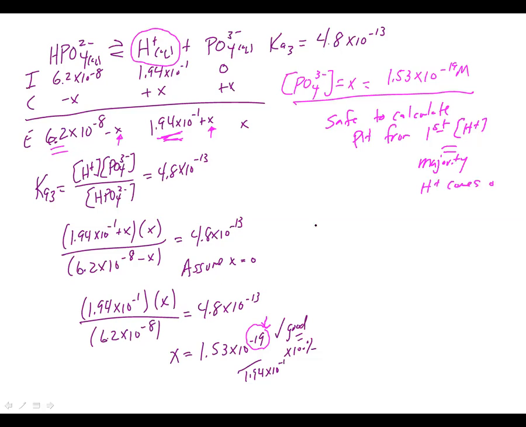So to calculate the pH, which is the last thing we're looking for, minus the log of the H plus concentration, we would take minus the log of the H plus, which again pretty much did not change throughout the entire 3 steps. And that would give us a pH for the solution of 1.94 times 10 to the minus 1, and that's like a 0.71 pH in this particular case.